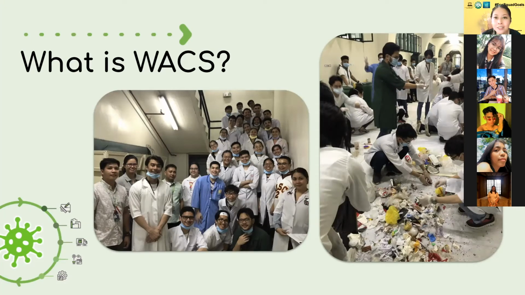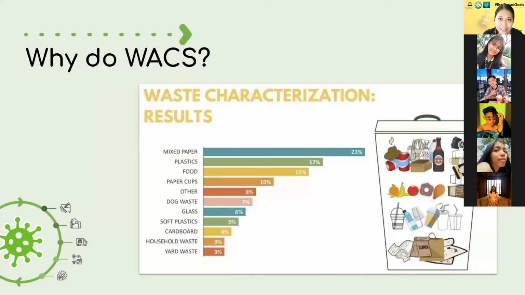What you're seeing on the screen is us in Lasal with our BS Biology students doing a WACS study. Now, waste characterization information is designed for solid waste planning, but anyone who's interested in the characteristics of the solid waste that they generate may actually find it useful.